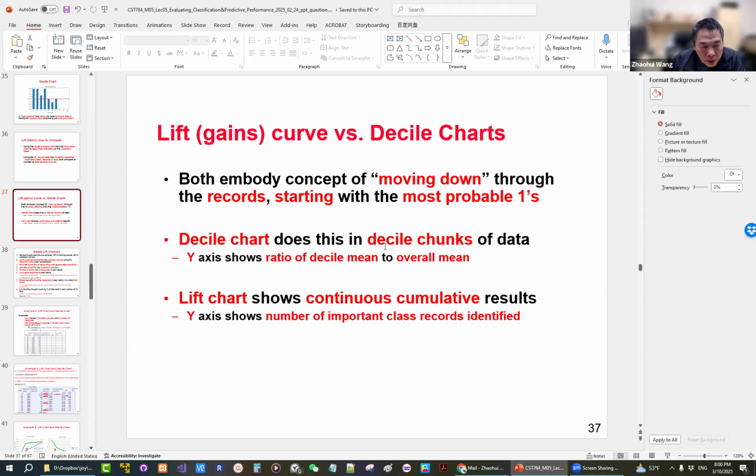The decile chart does this in decile chunks of the data. We need to make bins for all the cases. Yeah, we make categories, similar to a categorical conversion, to divide the cases into a certain number of chunks.